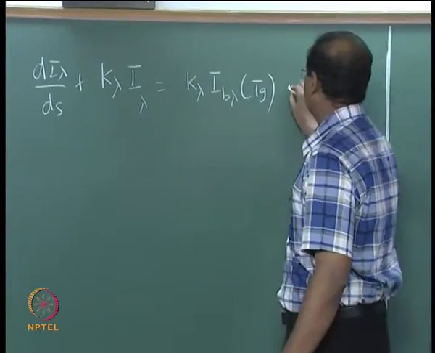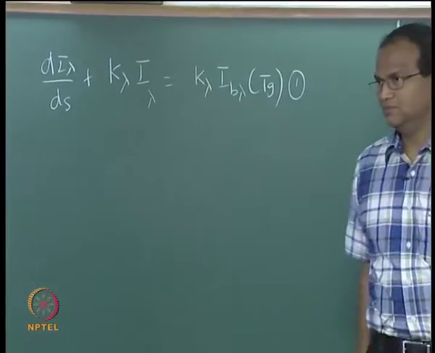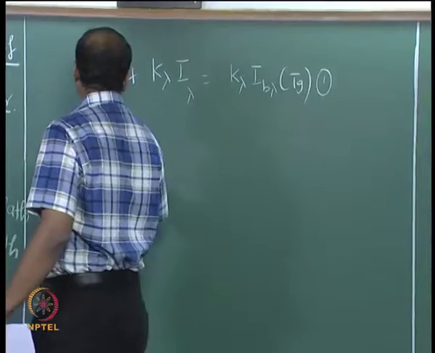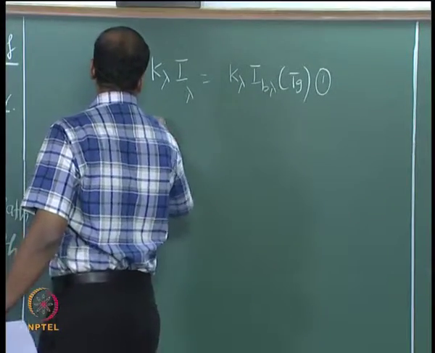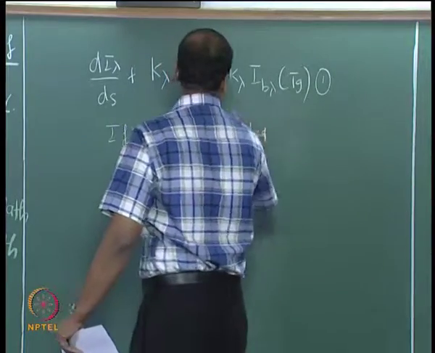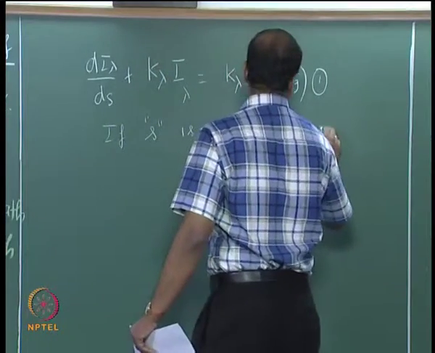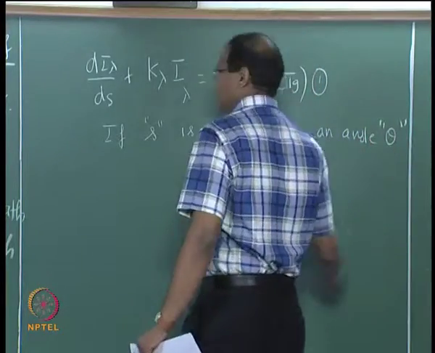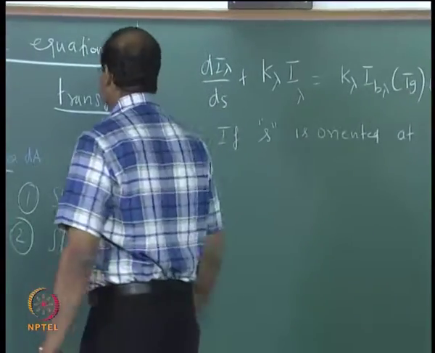So this is equation 1. So this is for the normal direction. If the ray is oriented at an angle theta to dA.